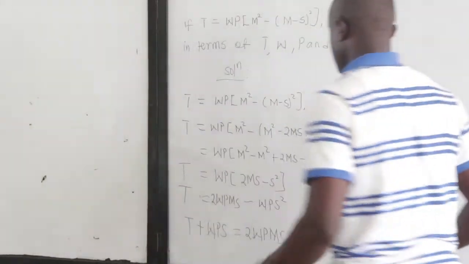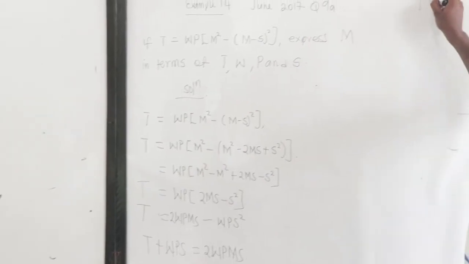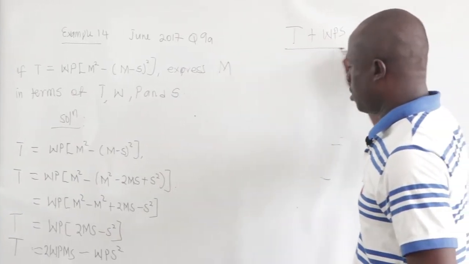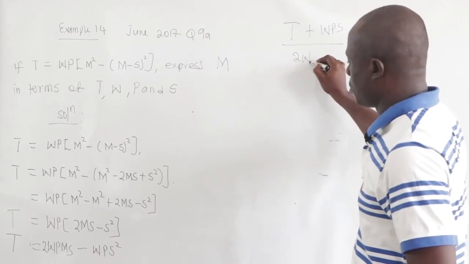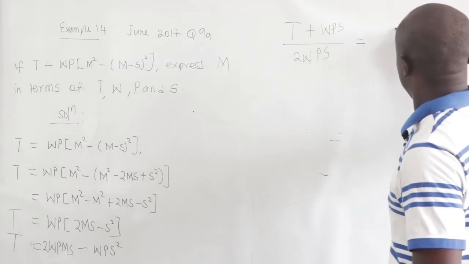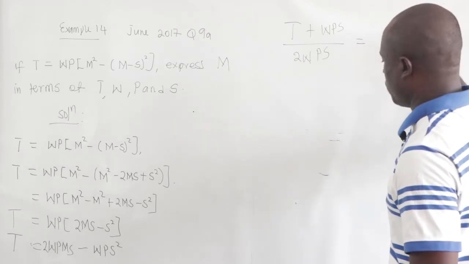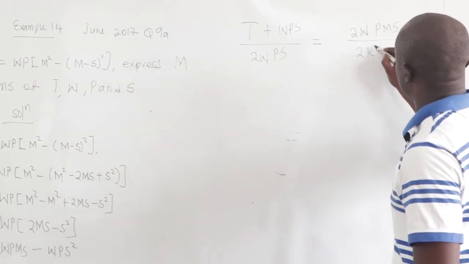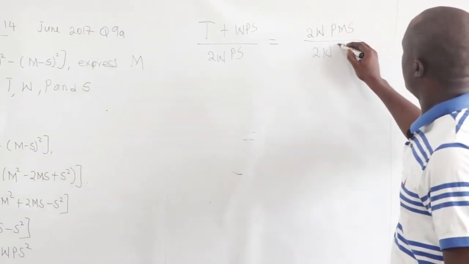We want to make M the subject, so we divide by what is multiplying it. So clearly, we'll get T plus WPS squared all over 2WPS equal to 2WPMS all over 2WPS.